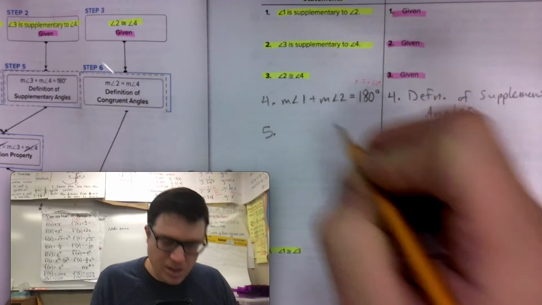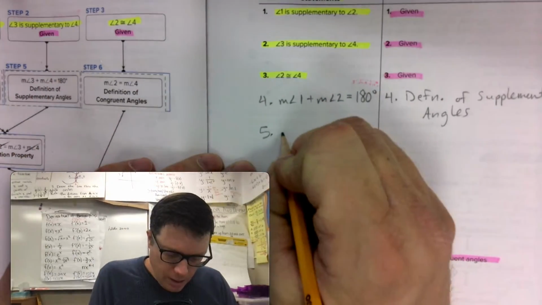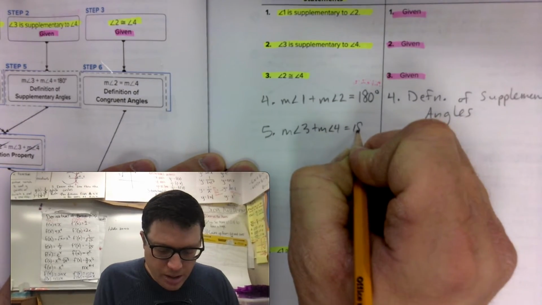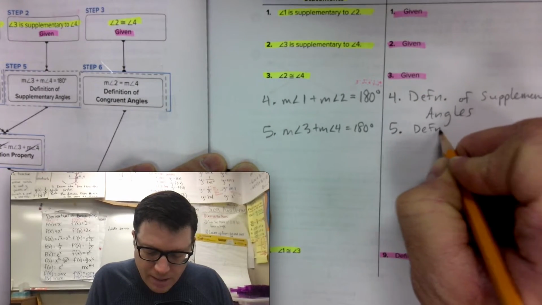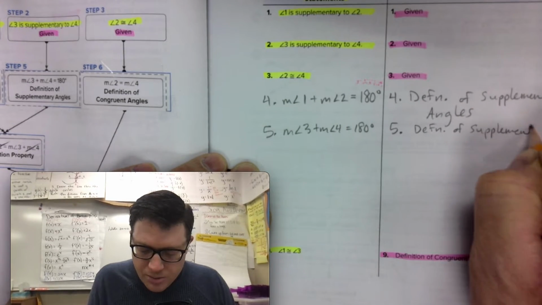Statement 5. Now I'm just going to write it all out. Statement 5 goes here. The measure of angle 3 plus the measure of angle 4 equals 180 degrees. Statement 5's reason is also the same. Definition of supplementary angles.